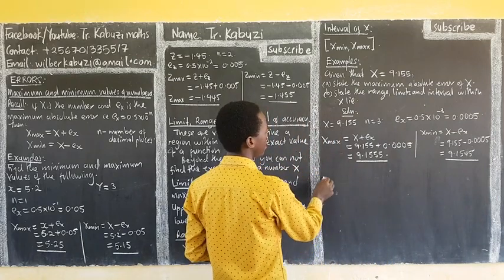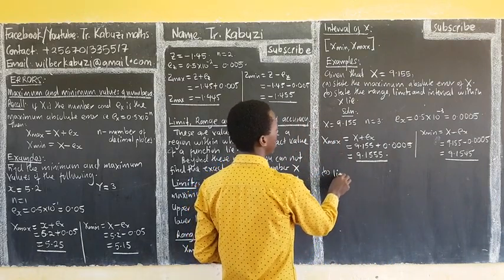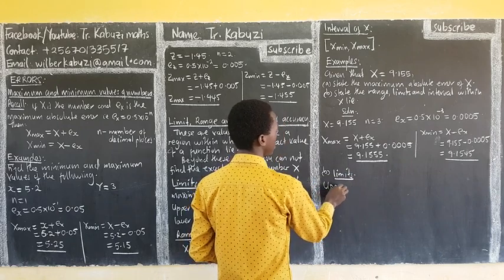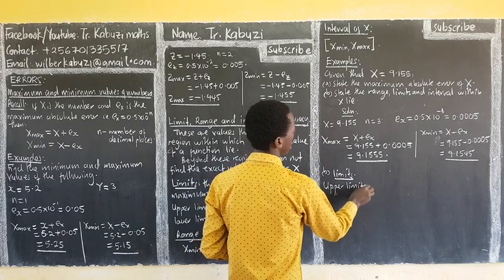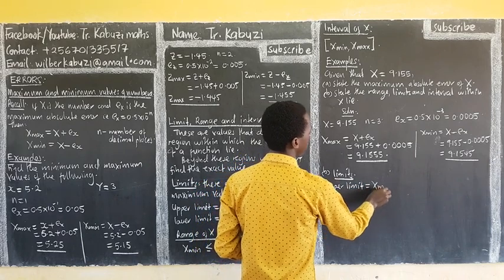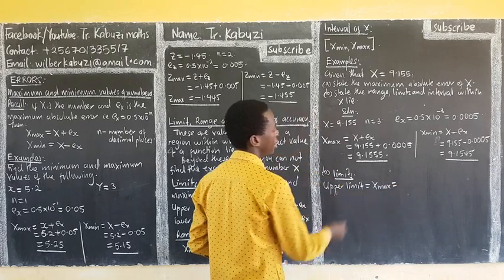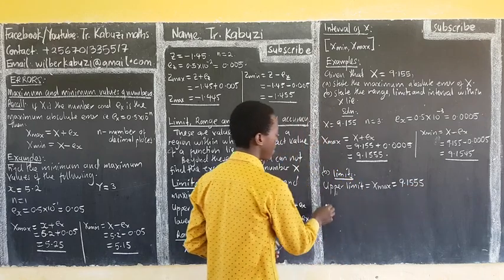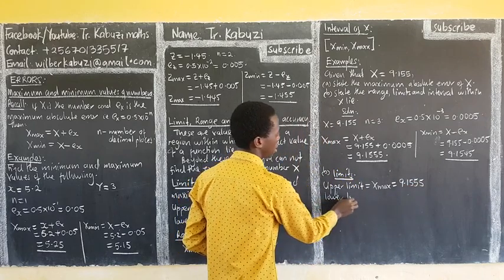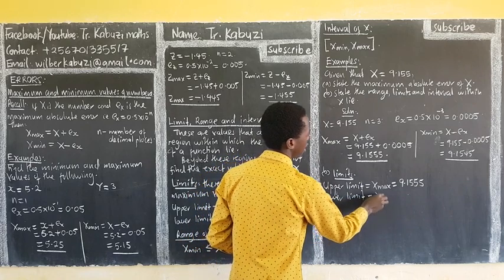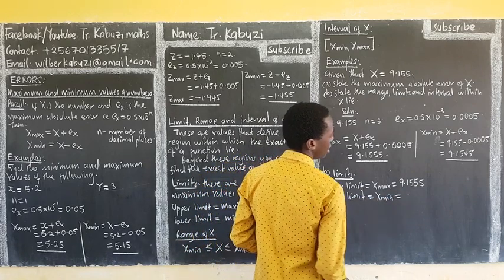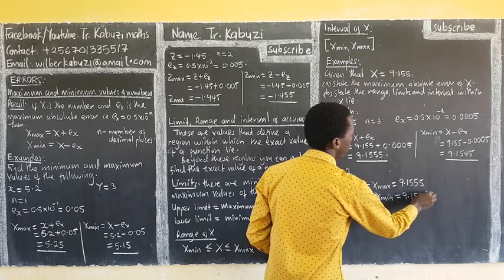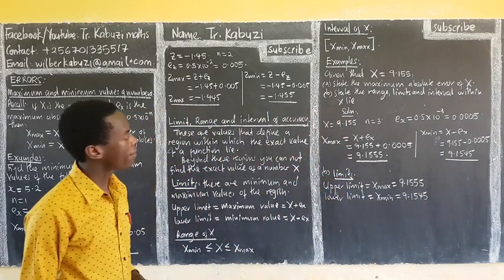Then part A, part B: now that we have set the limits, I have my upper limit. The upper limit, we said, is the same as x max, and it's going to be this value, 9.1555. And I come to my lower limit. We said it's the same as x min, the minimum value of x, which is 9.1545. As simple as that.